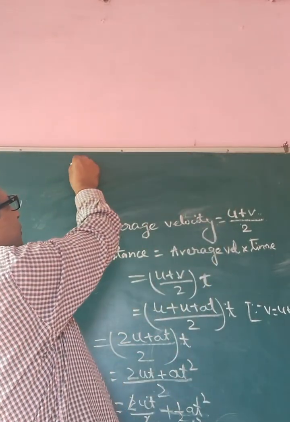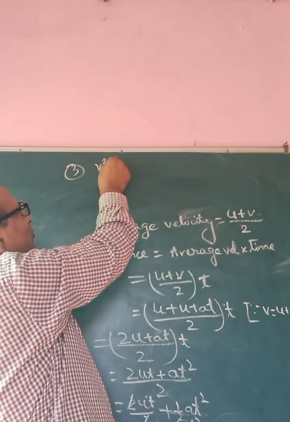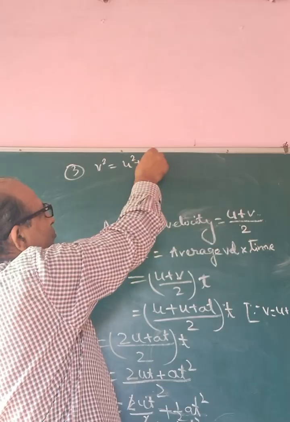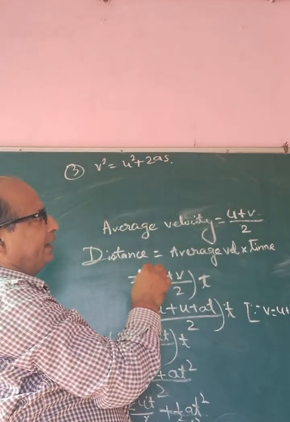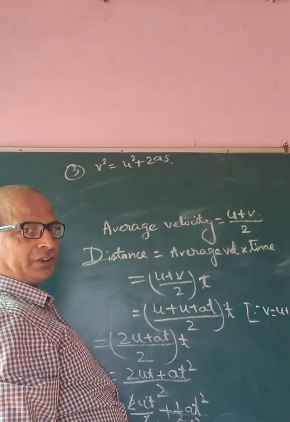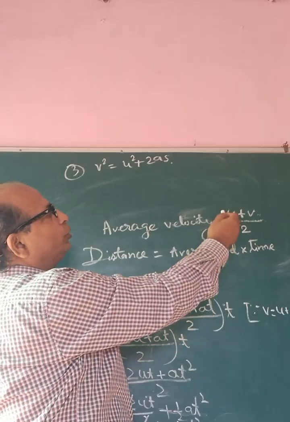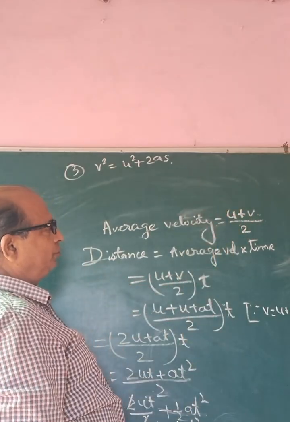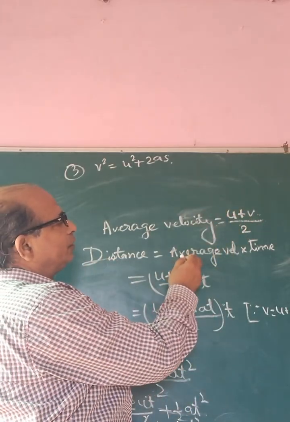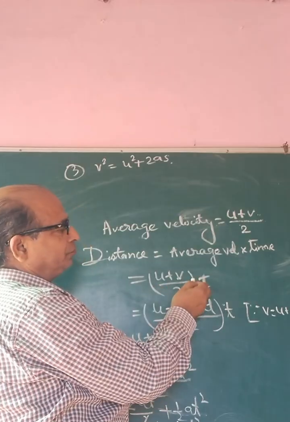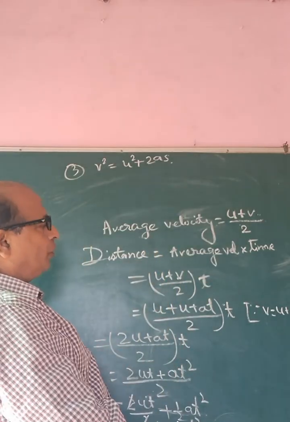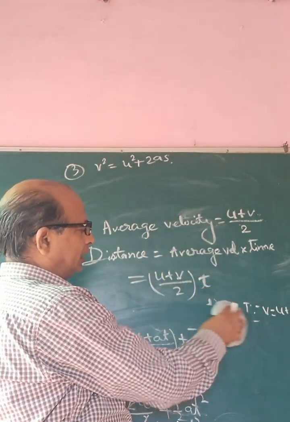In the third equation of motion, again average velocity is equal to u plus v divided by 2. Distance is equal to average velocity into time. Here we have to put the value of time.